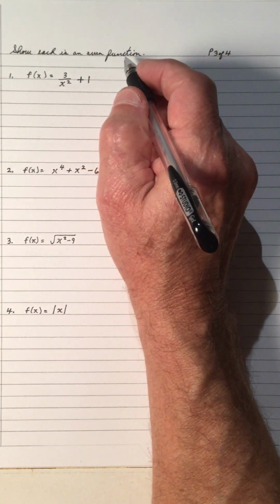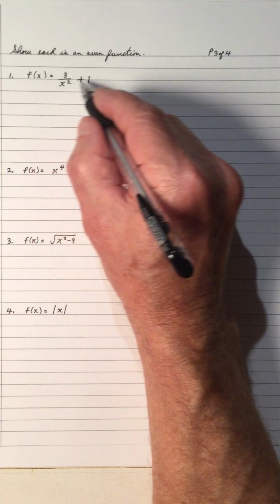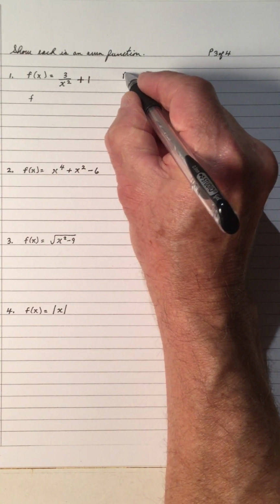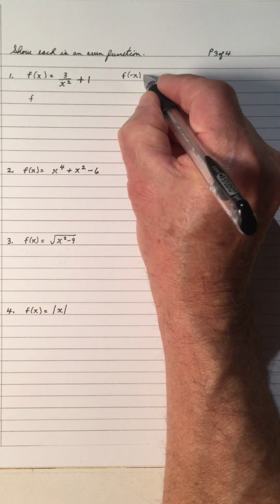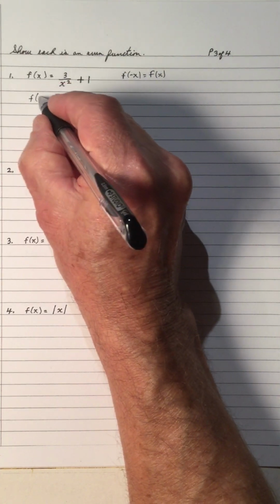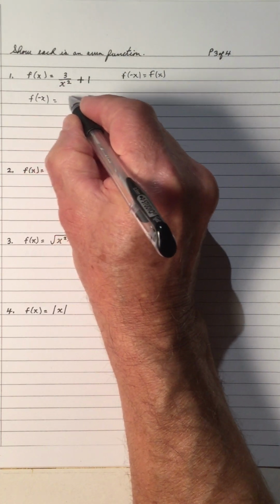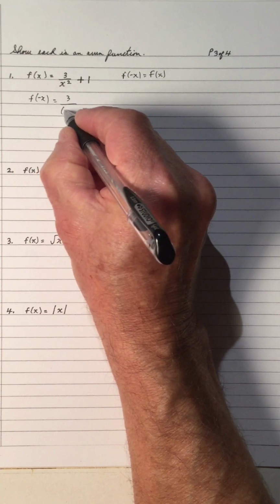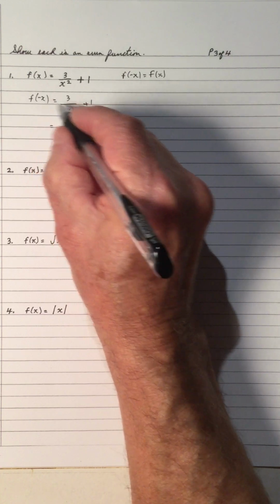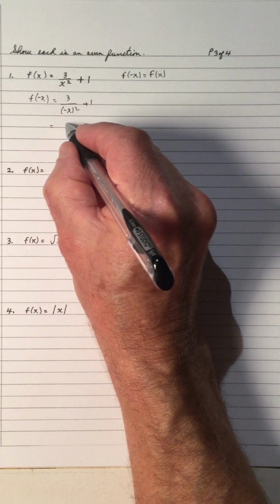Show that each is an even function. So we have this one. Again, we're looking at f of negative x equal to f of x. I have to prove that. So let's put negative x in the place of x. So I'm subbing in negative x in the place of x.